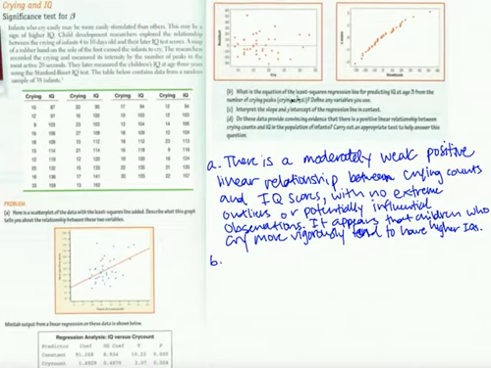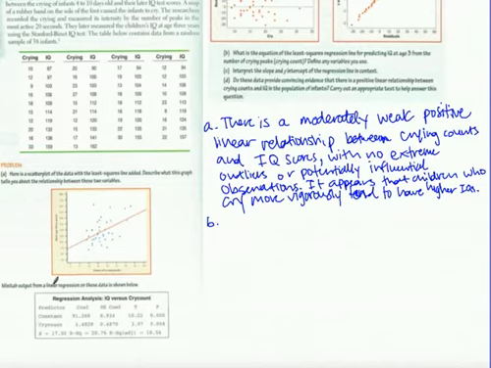B says, what is the equation for the least squares regression line for predicting IQ at age 3 from the number of crying peaks, crying count? Define any variables you use. So we can get that from the Minitab output that was also provided to us in the problem. So we can see that our equation would be y hat equals 91.268 plus 1.4929 x.